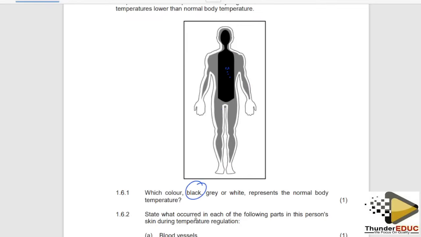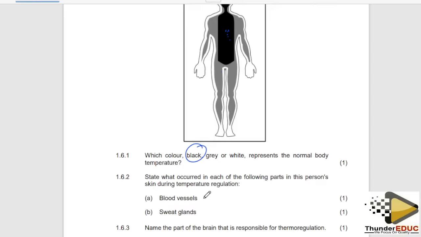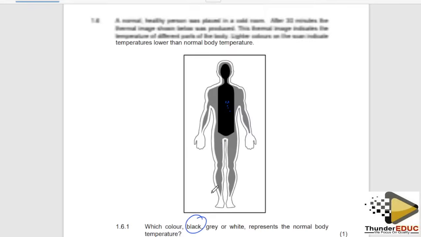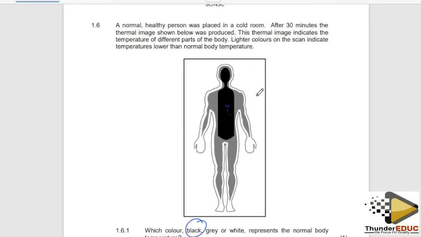State what occurred in each of the following parts in the person's skin during temperature regulation. Blood vessels. Now you need to find out, was it in a hot environment or in a cold environment?